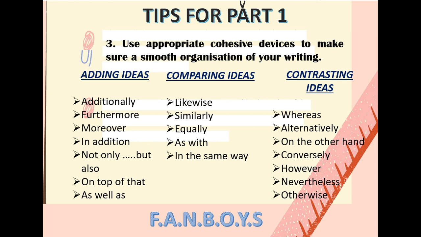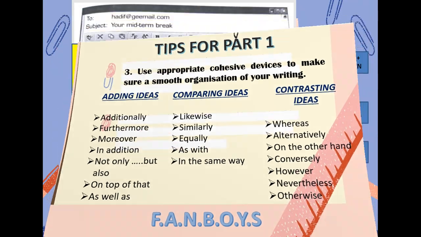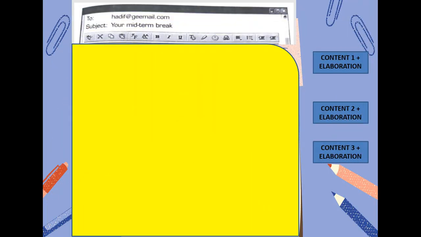So write as good as you can, because I believe you can get full marks easily for part 1 in your writing paper. Now, let's have a look at the example.